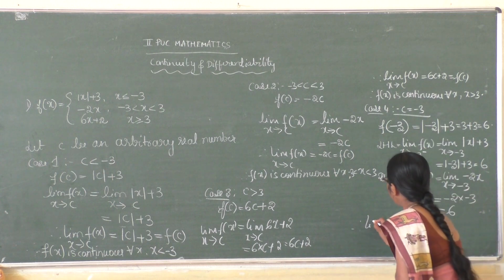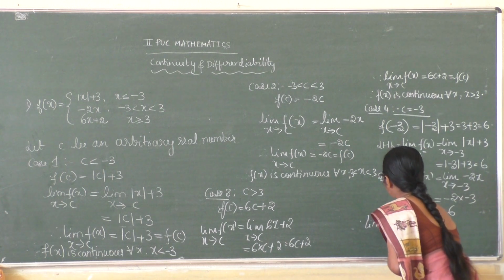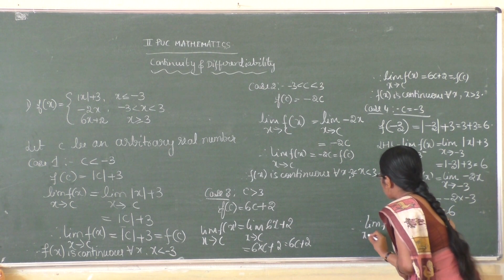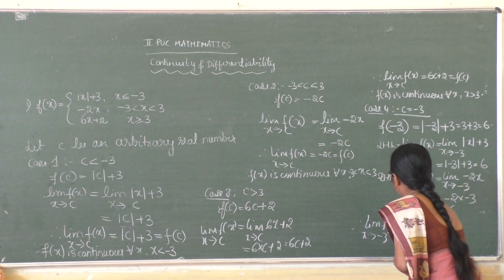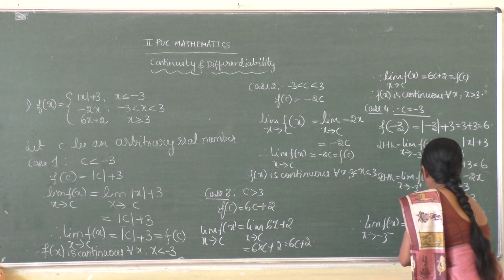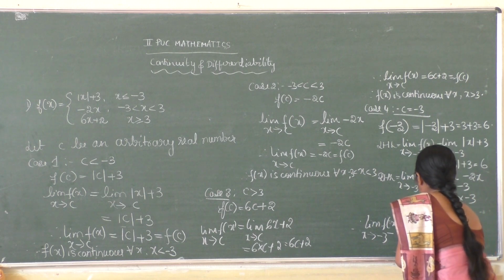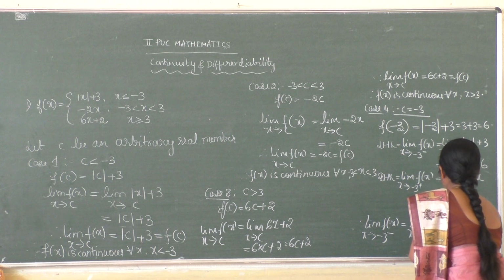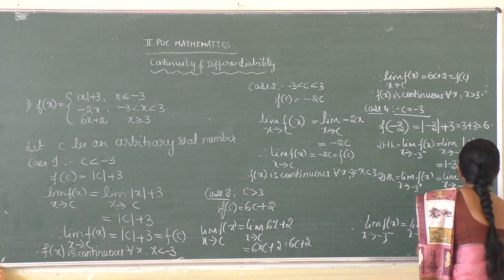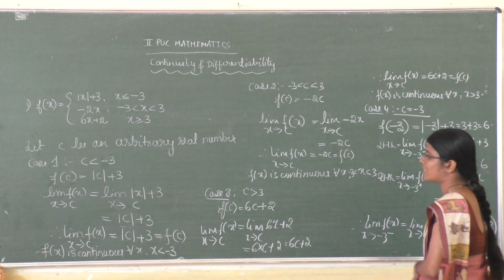Therefore left hand limit, that is limit of f of x as x tends to minus 3 minus, equal to limit of f of x as x tends to minus 3 plus, that equal to 6 and equal to function value f of minus 3.